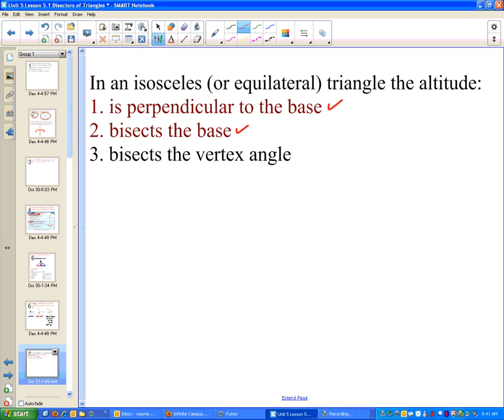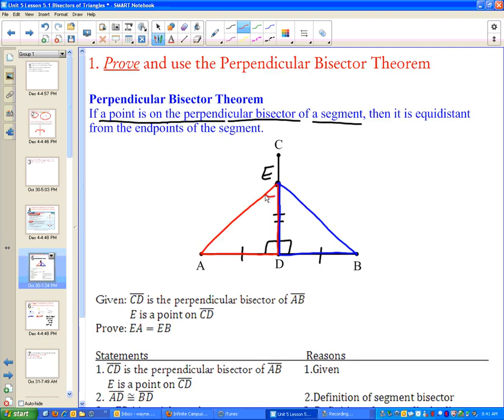So this is a statement I gave you the other day when we did coordinate proofs to help us out. And it's coming back into play again. Now we can actually prove why all of this is true. I can even prove that it bisects the vertex angle. If I go back to this, couldn't I use definition of congruent triangles again to prove that that angle is congruent to that one?